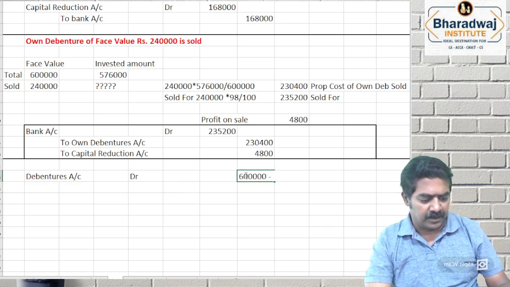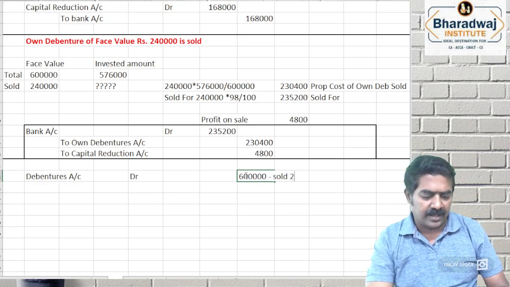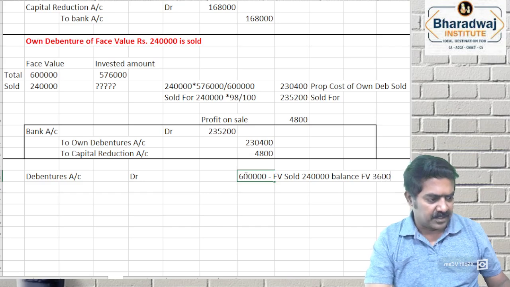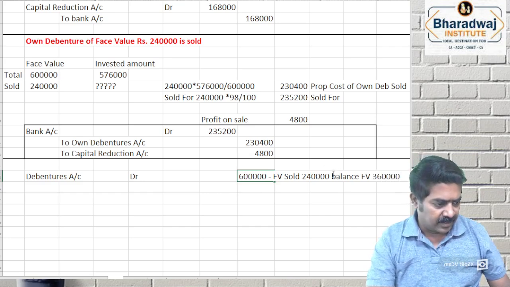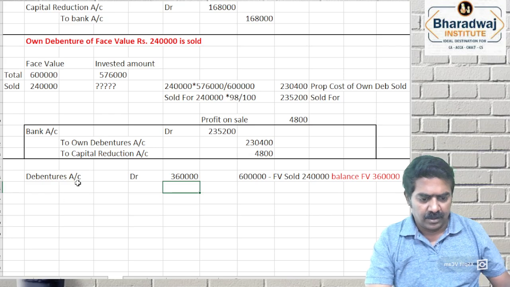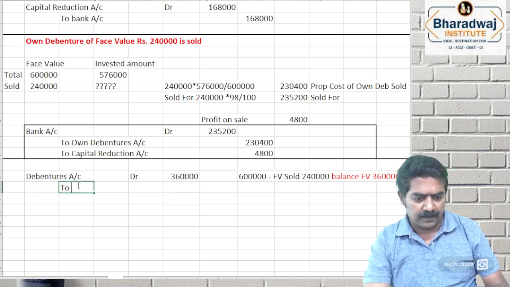How much have we sold? Face value sold is 2,40,000, so the balance face value will be 3,60,000. Debentures account debit 3,60,000, to own debentures.